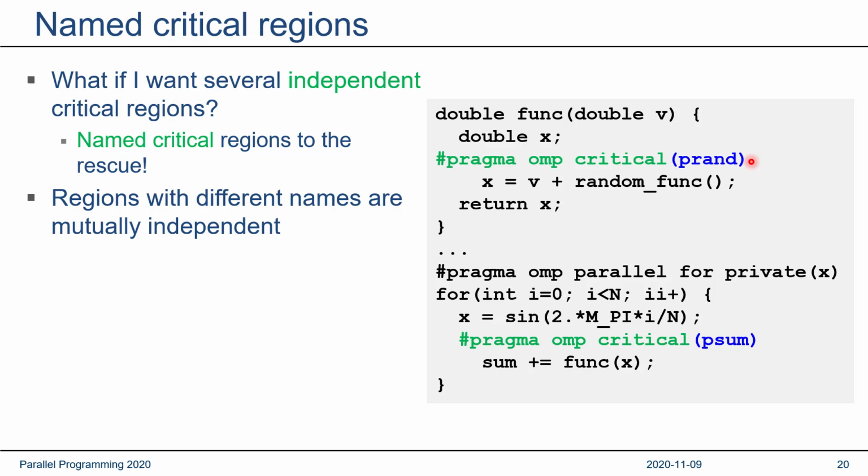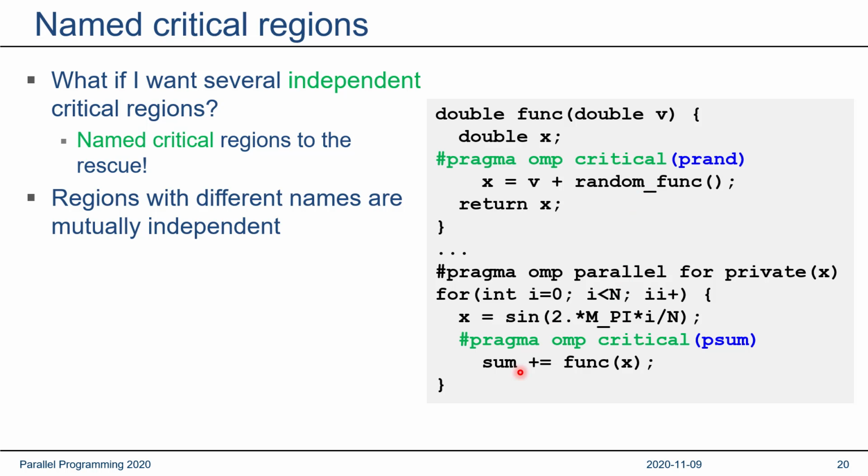Now, if we didn't have this naming scheme, if we just wrote pragma OMP critical in front of both statements, we would immediately have deadlocks because any thread that enters the first region will also enter the second region and then block itself. That's why we separate the two by giving them names. And a thread that enters the psum critical region can enter the prend region without any problems.